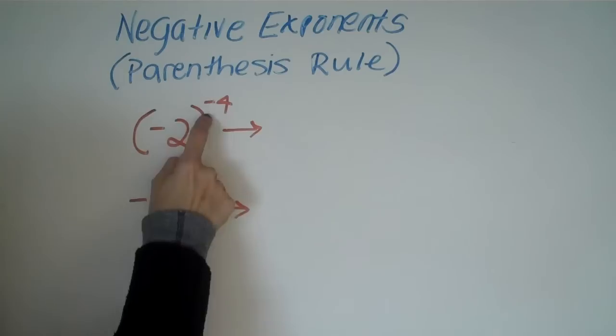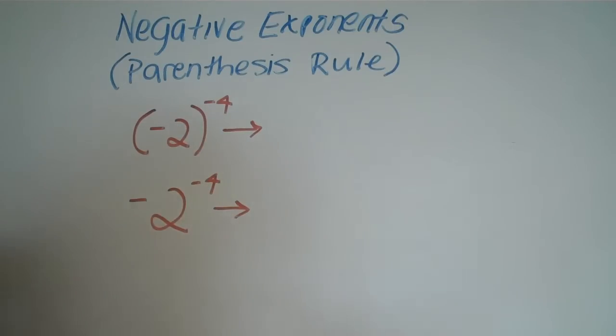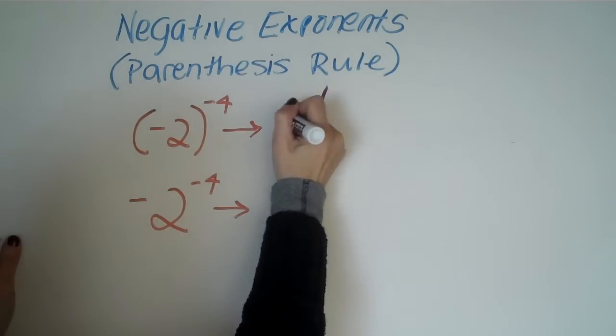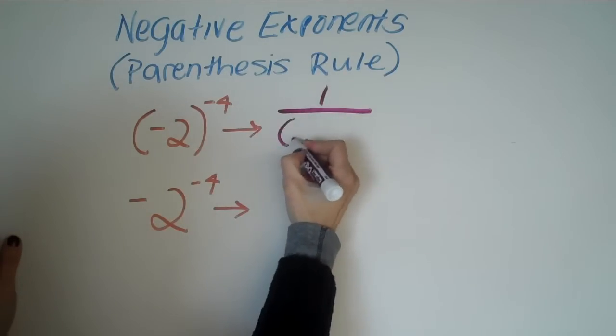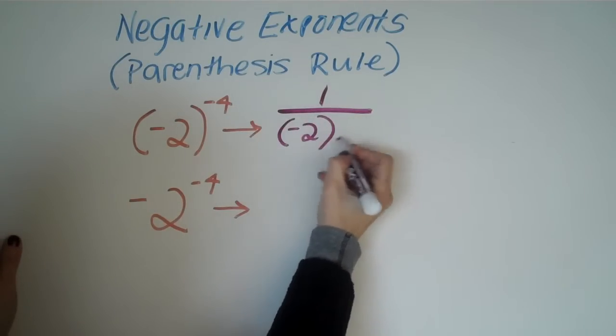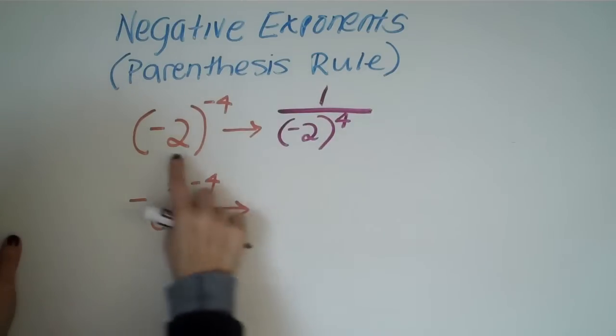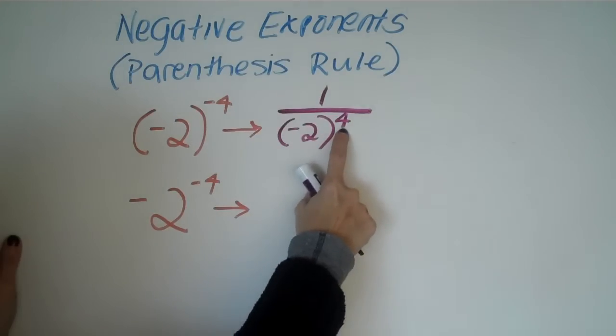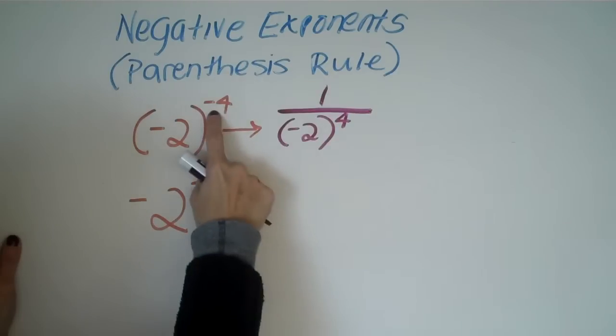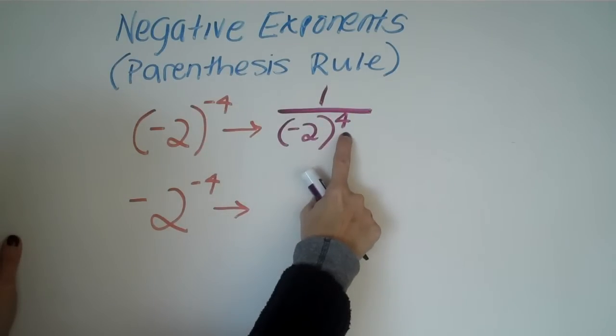If you want this to be rewritten with a positive exponent, you're putting the entire thing under a 1. So you're taking the reciprocal, you're going to bring the parentheses with you, and notice the negative 2 remains a negative 2. The only thing that becomes positive is that 4, because the negative 4 is now a positive 4.